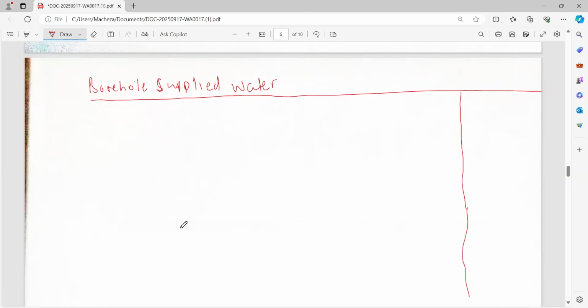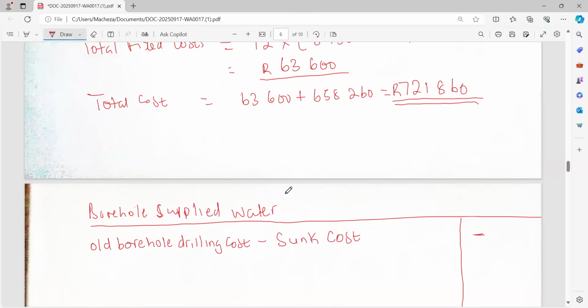So the first one we say is drilling cost, old bore drilling cost. So that one is a sunk cost. Whether you continue or not, that cost has been met. So it's not relevant. Then we go again to something else on that question.